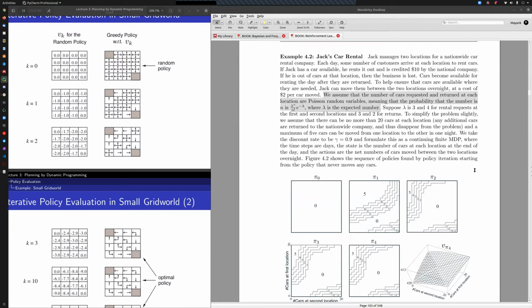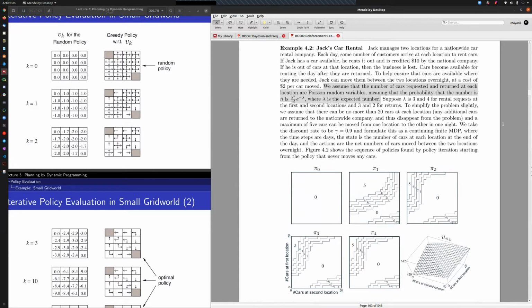Here he says that if he's out of cars at that location, then business is lost. So that sounds like an end of the trial, right?